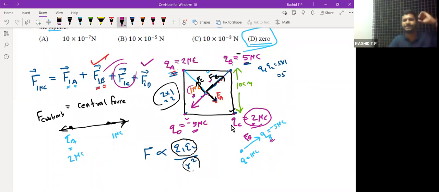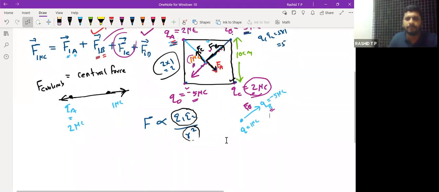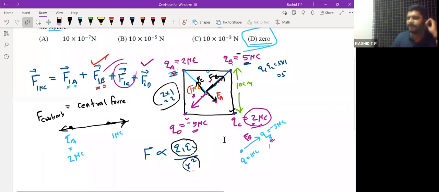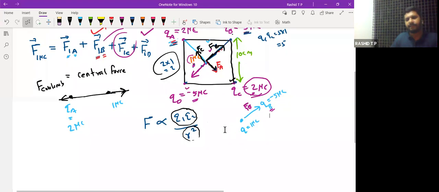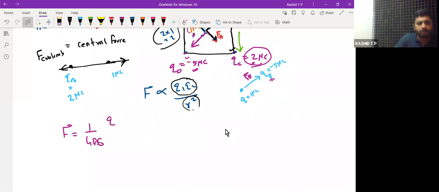Okay, you are confused, or should I explain once again? Sir, please explain once again. Charge is fine, negative and positive. Oh, okay. Actually, the problem is here students get confused because our Coulomb force F is equal to 1 by 4 pi epsilon 0 Q1 Q2 divided by R square.